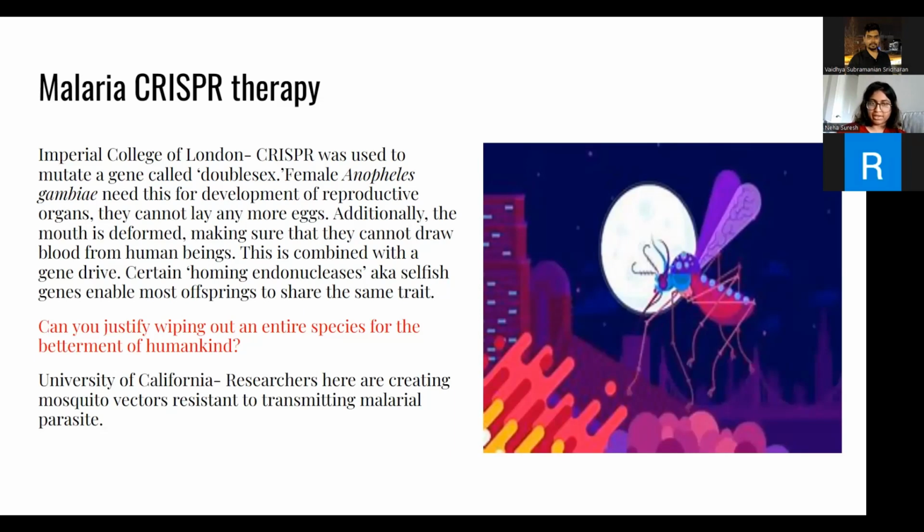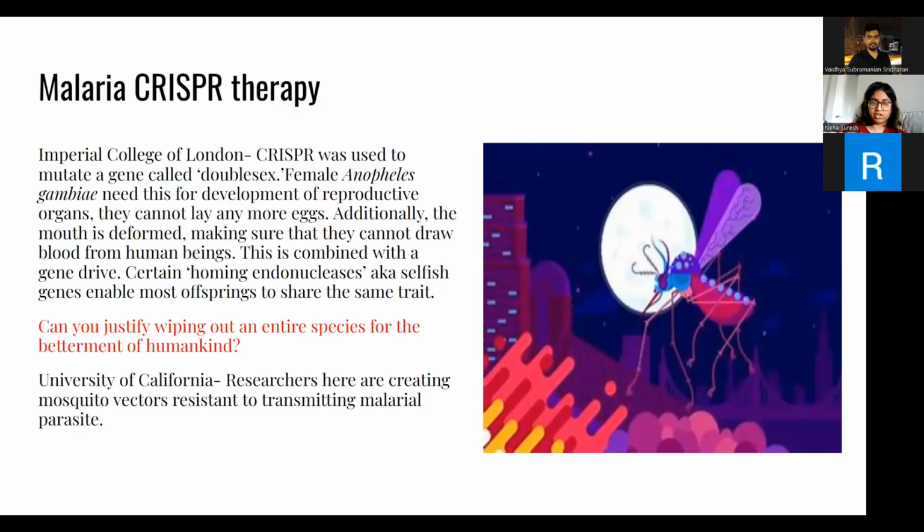They cannot lay any more eggs, and their mouth is deformed, so they can't even eat. So they don't survive most of the time. They cannot draw blood from human beings, so even if they do carry the parasite, they definitely can't spread it. So this combined with the gene drive, double sex is known as a homing endonuclease, which is a selfish gene.